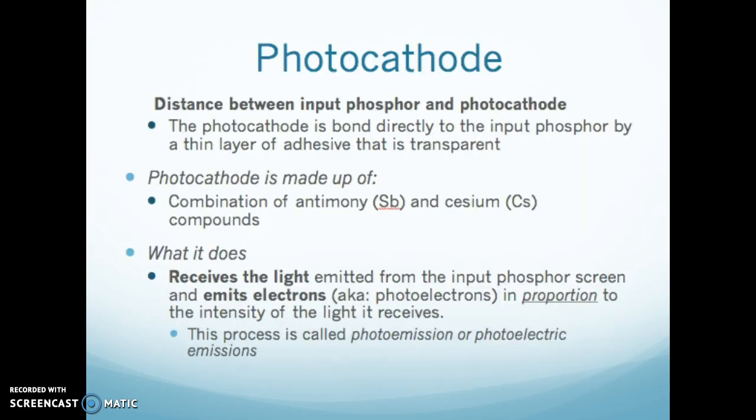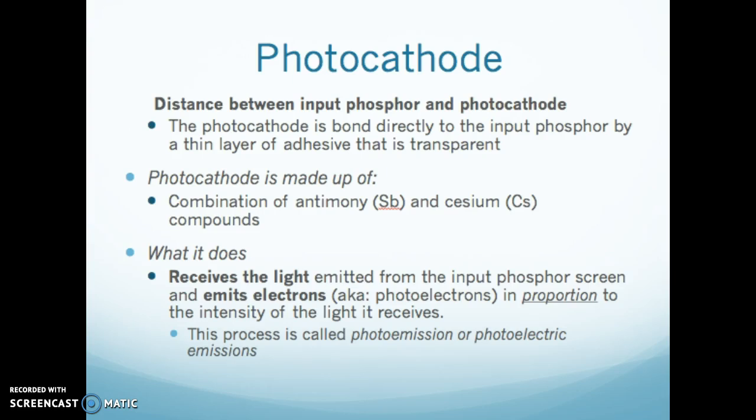So the photocathode. The distance between the input phosphor and the photocathode is minuscule. So there's just adhesive and the two are bound together. The adhesive is transparent. It's important to know that. So the photocathode is made up of a combination of antimony and cesium compounds.